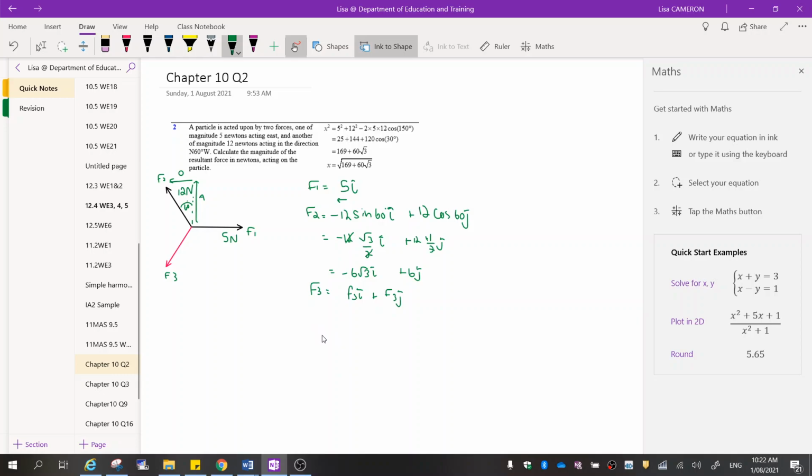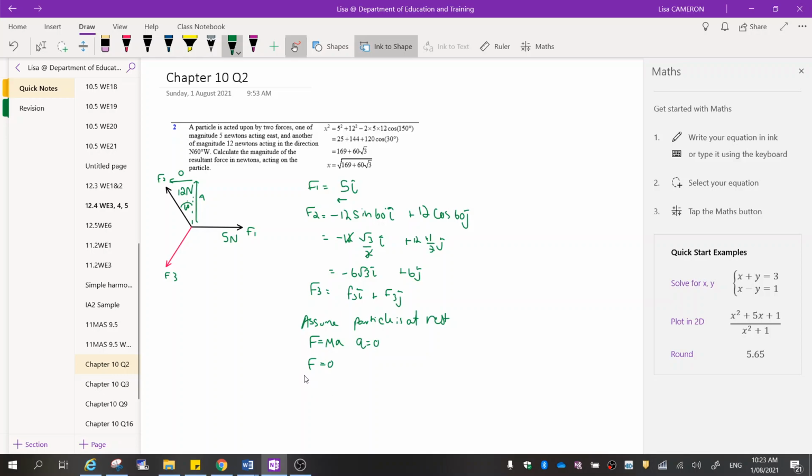So, next thing I'm going to do is assume that the particle is at rest, and then I'm going to let the force equal the mass times the acceleration, where acceleration is 0, meaning that our force is equal to 0.